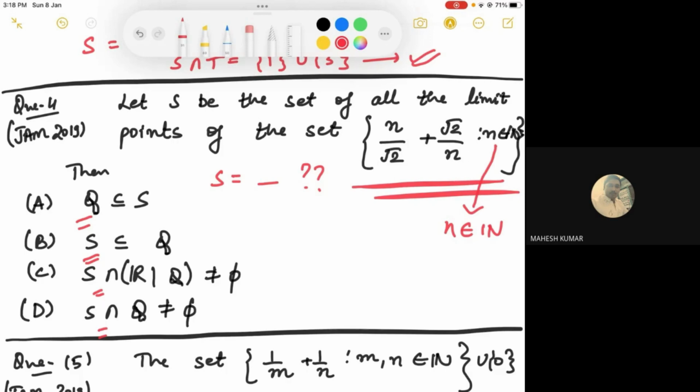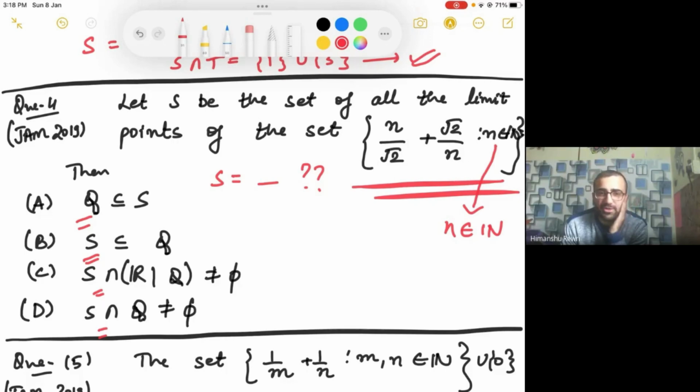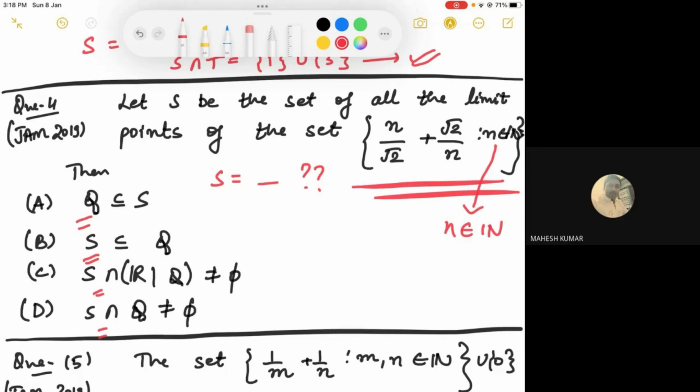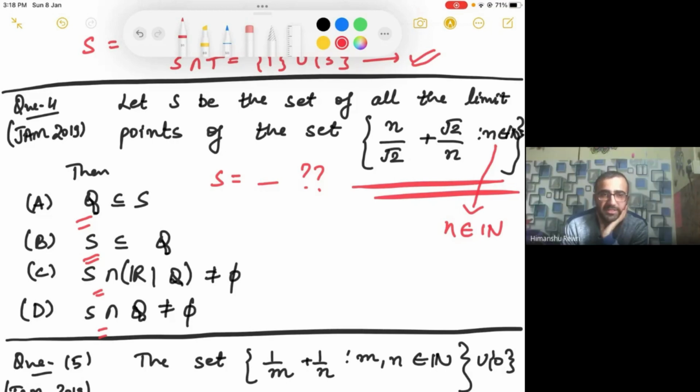So that will be visible to everyone that this is a countable set. Someone commented in the group that S is contained in Q. And another commented that S intersection R minus Q is non-empty.